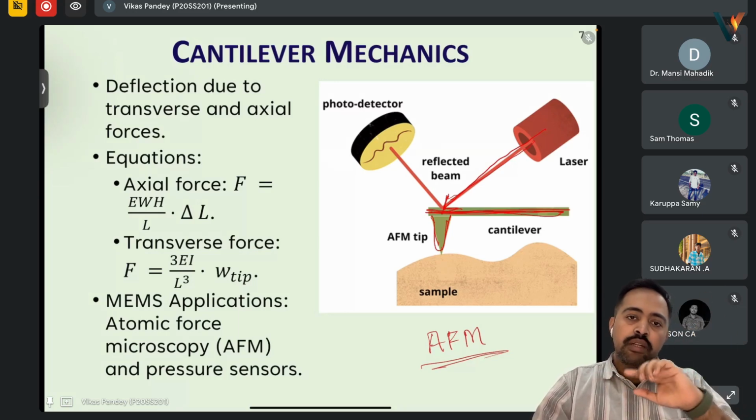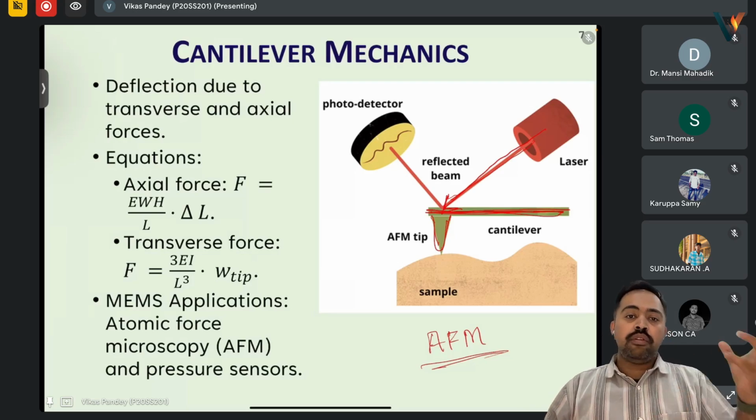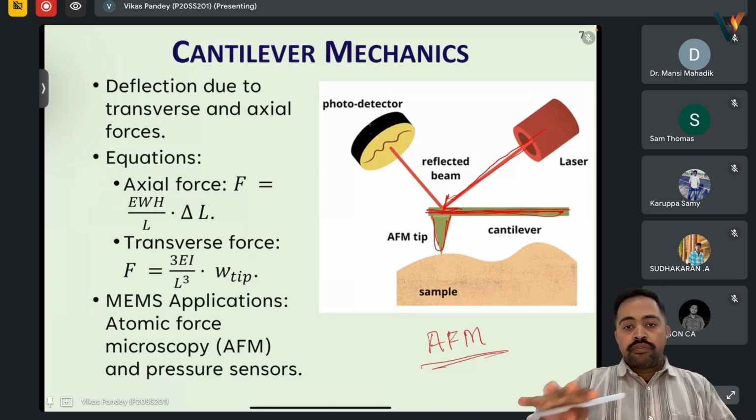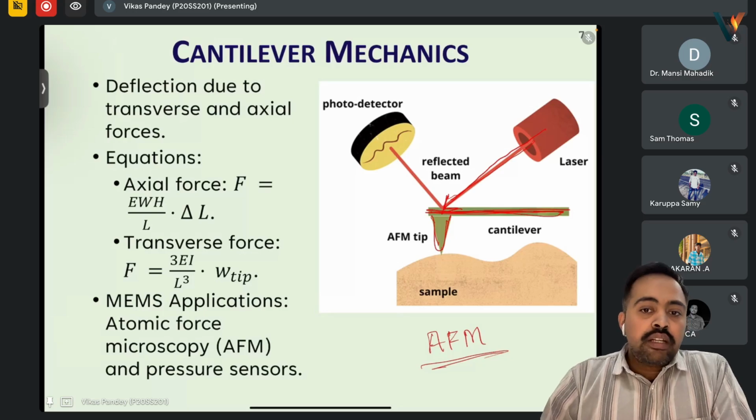This reflected beam will change according to the height or depth of the surface, and that will be detected by the photodetector, and as such the surface texture of a film can be obtained. For this, MEMS cantilevers are used.